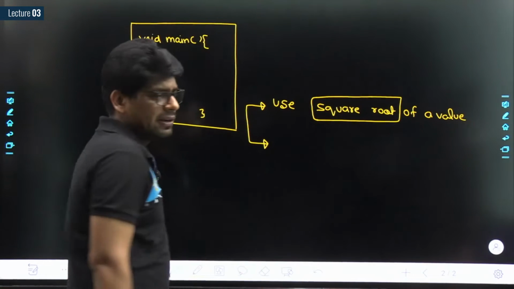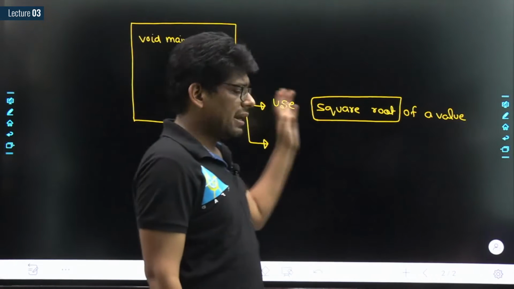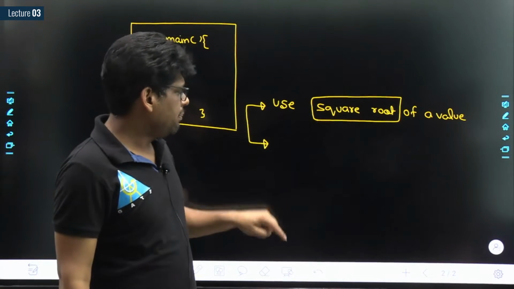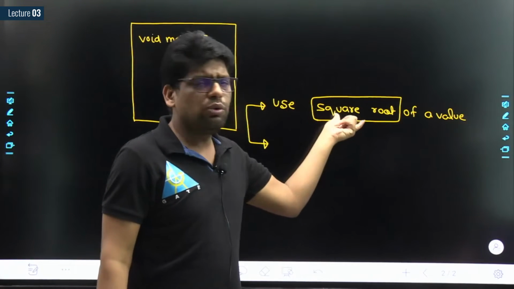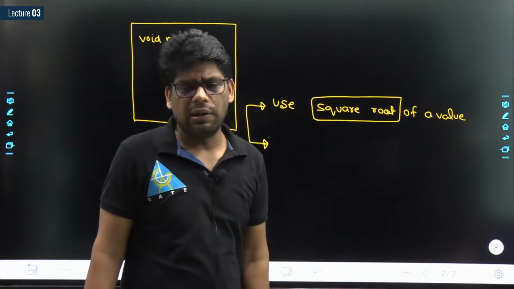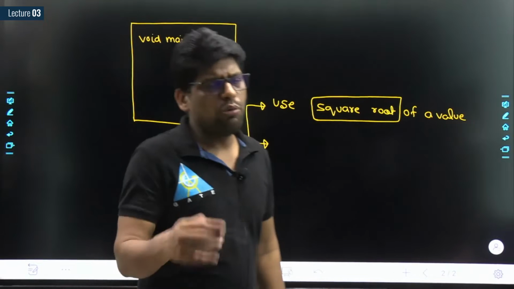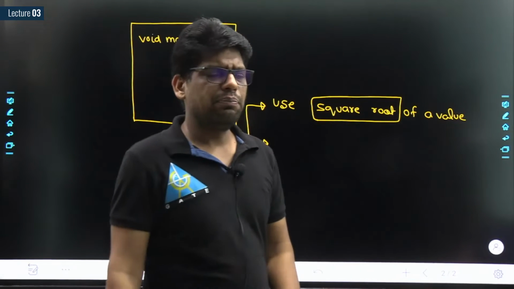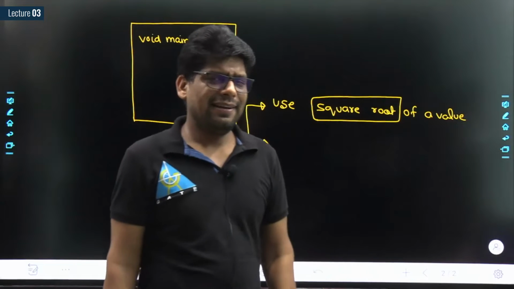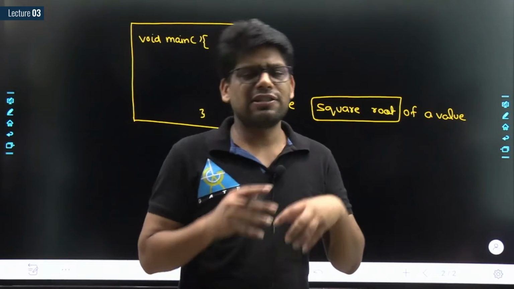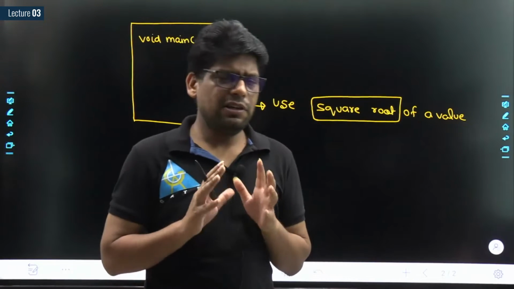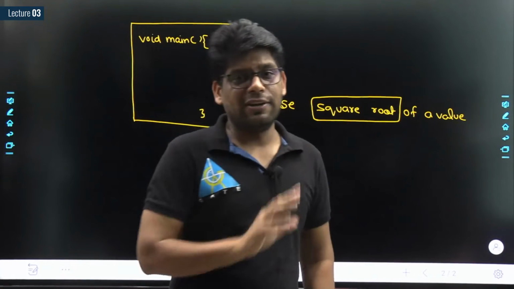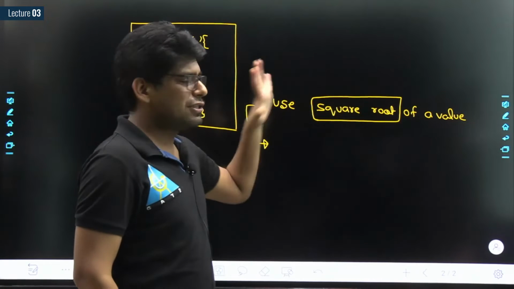Try to understand. Sir, right now we don't know anything about programming. And at the very beginning phase, I need to calculate the square root of a variable. Sir, how can I compute the square root of a variable? Is it possible that there is some facility, some function that will automatically compute this square root?